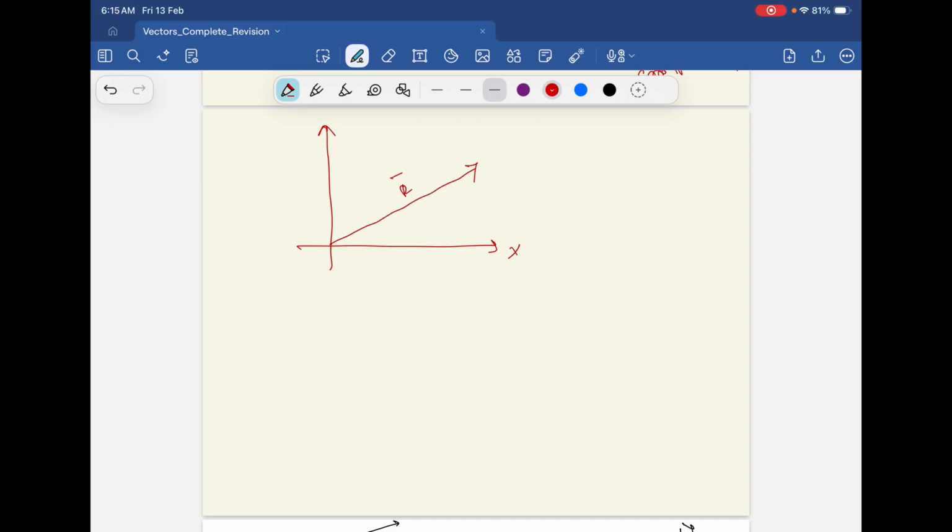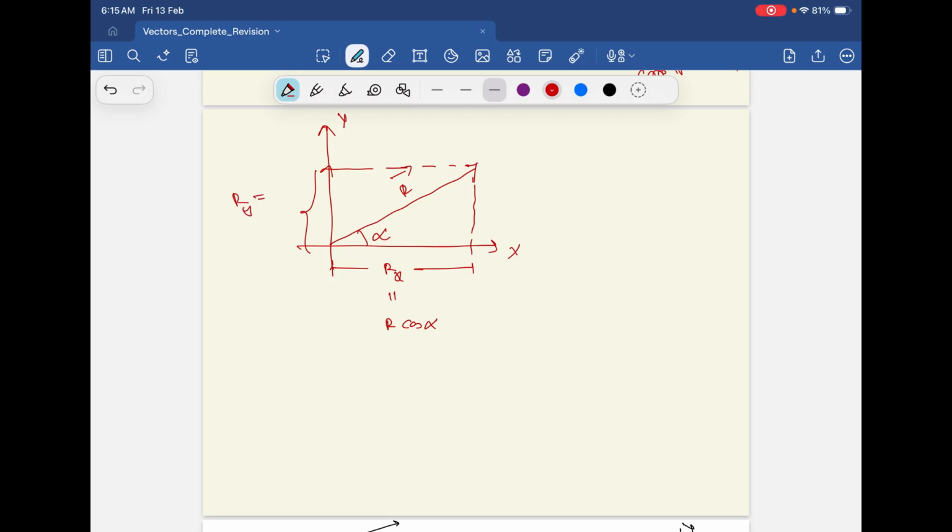Same a bar or r bar as you wish. This is x, this is y. If this angle is alpha, and I draw a perpendicular, this intercepting length is the x component. So rx becomes how much? r cos alpha. If I draw a perpendicular, this becomes ry.